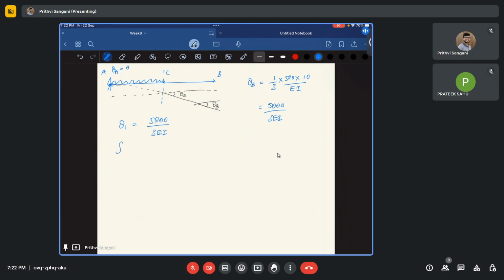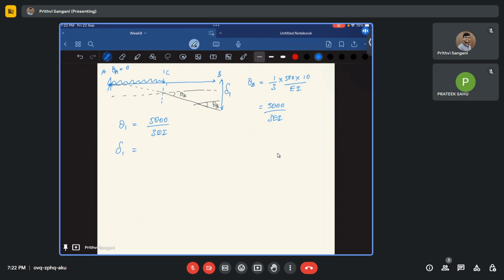What about delta 1? Delta 1 is nothing but the deflection at the end of the cantilever beam, that is at B. So this is my delta 1. How do we find this delta 1?